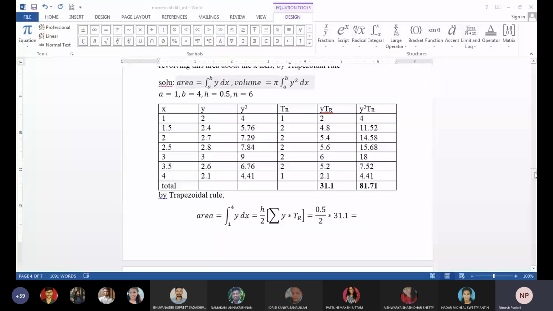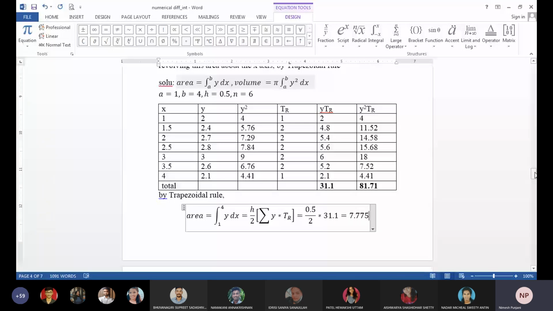So 31.1 into 0.5 divided by 2 gives 7.775. Okay, the area is done.